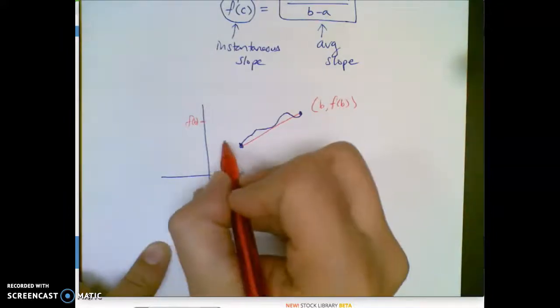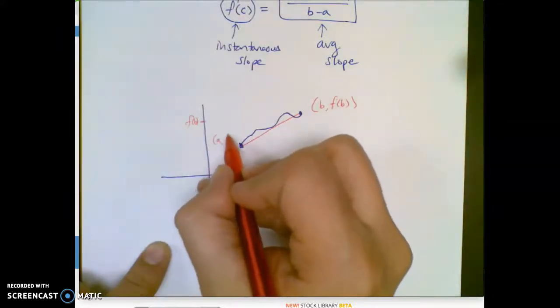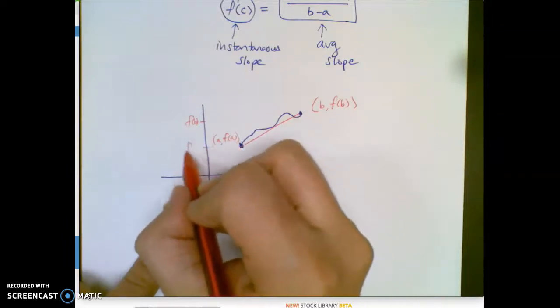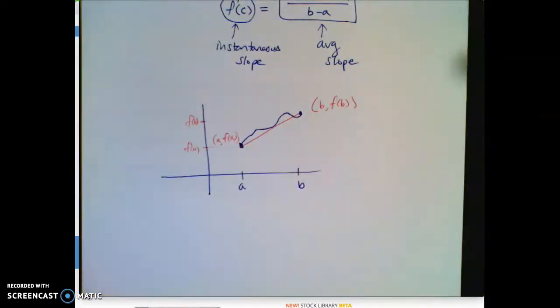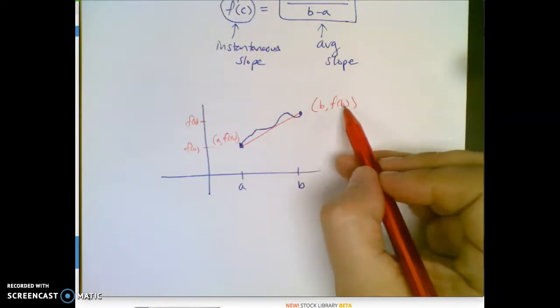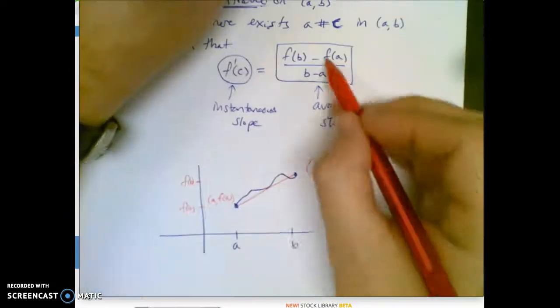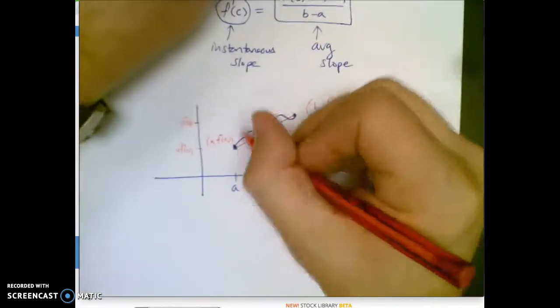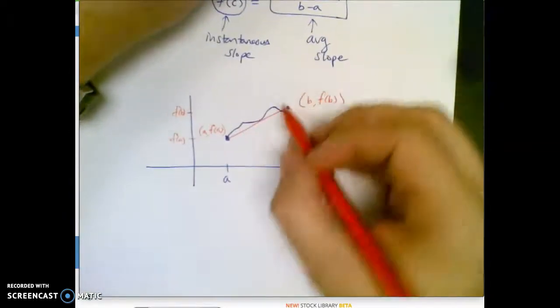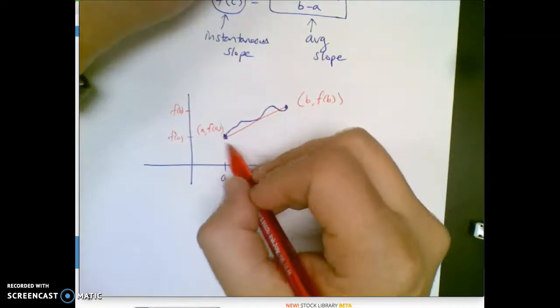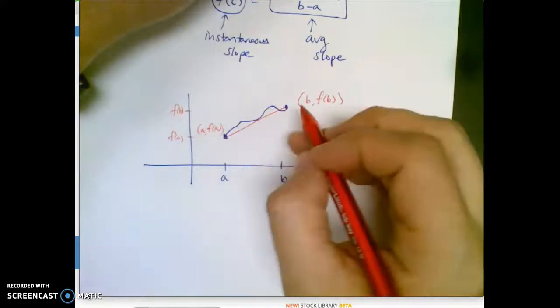And this is a comma f of a. If I drew a line over here, here's f of a. What this says is the slope between here, y2 minus y1 over x2 minus x1, this thing here is your average slope, rise over run. There has to be at least one place where my instantaneous slope is the exact same as my average slope.